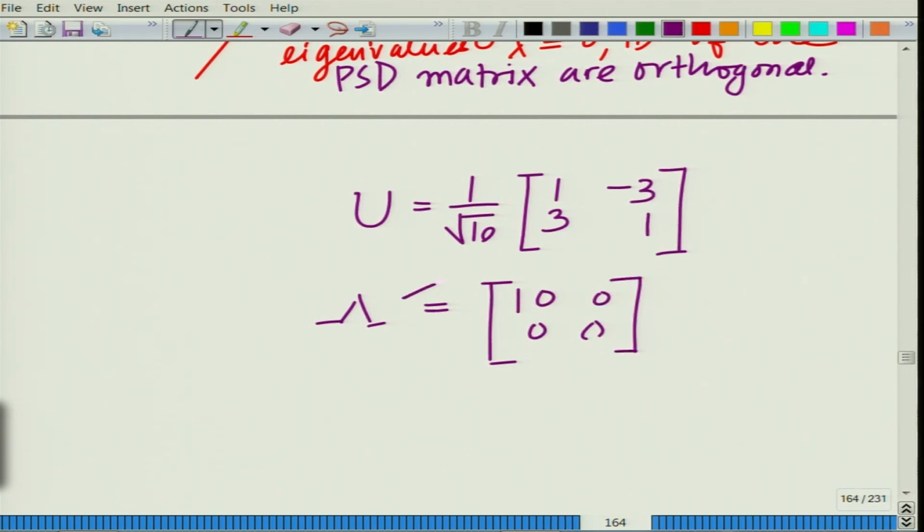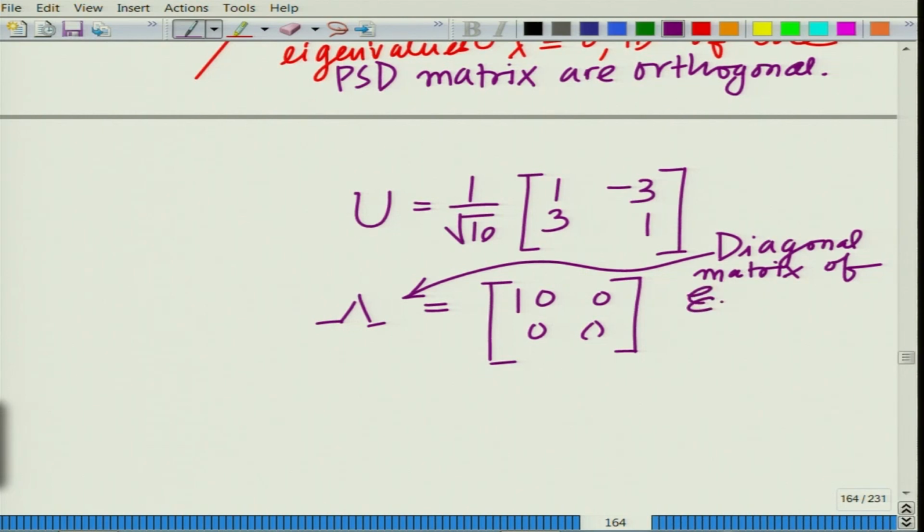This is the diagonal matrix of eigenvalues.